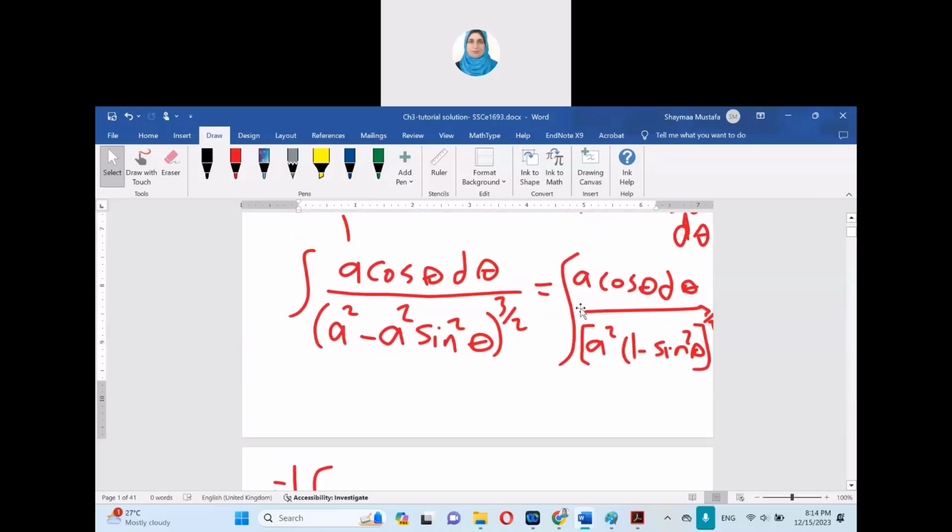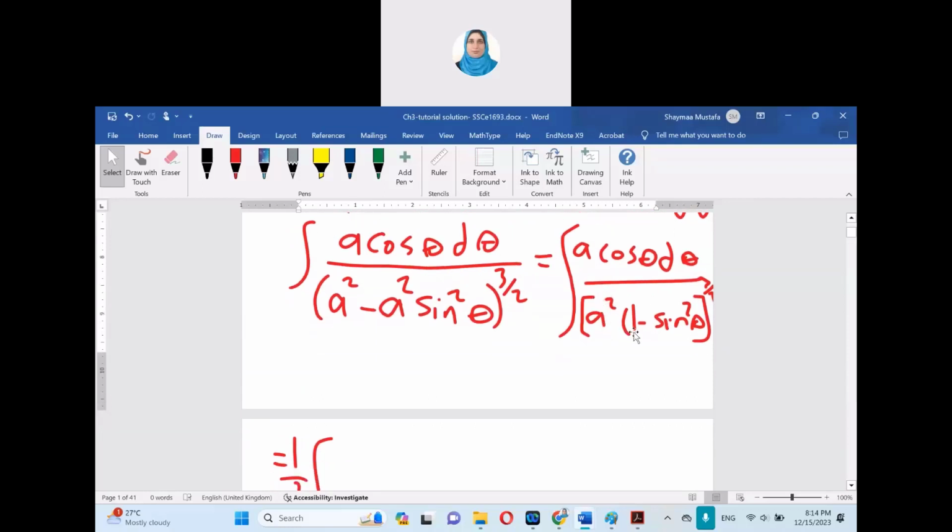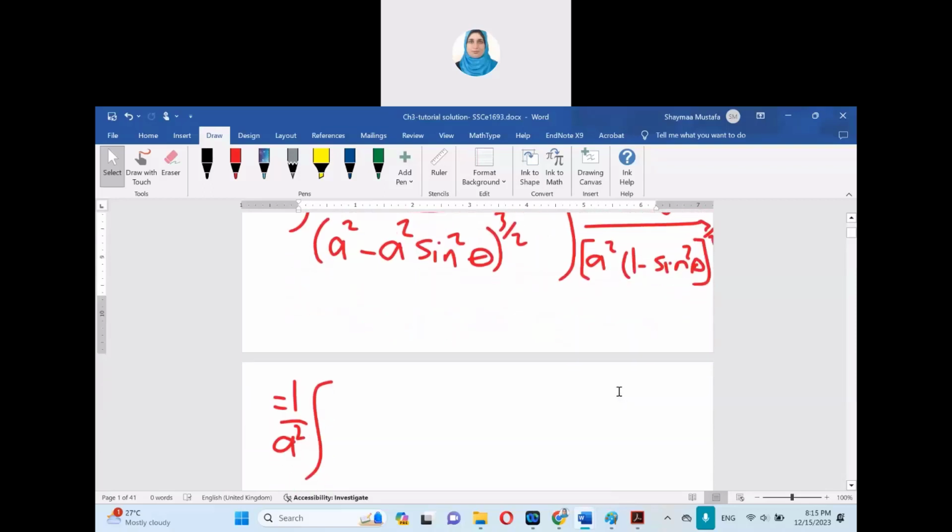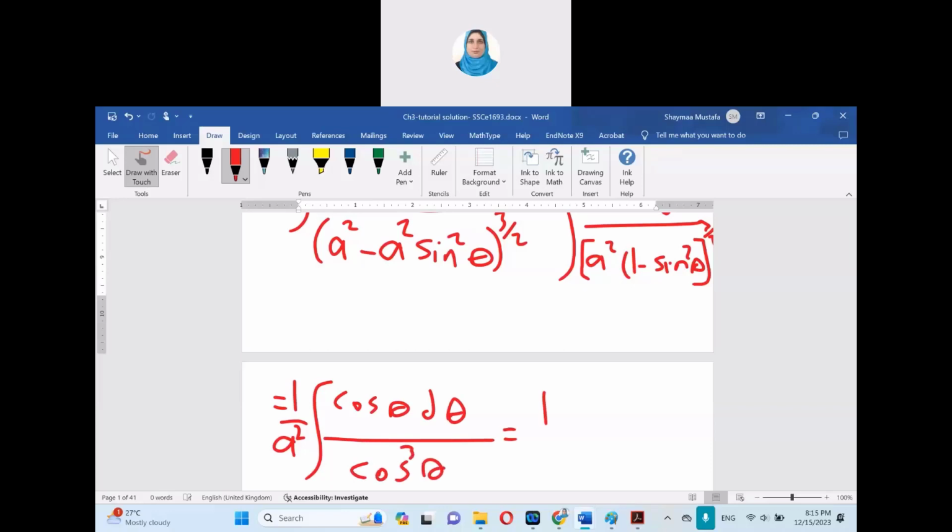Okay, so a cos theta over a square, 1 minus sine square theta, this one is cos square theta. So to the power 3 over 2 becomes cos cube. So we have cos theta d theta over cos cube theta, which means 1 over a square, 1 over cos square theta d theta.